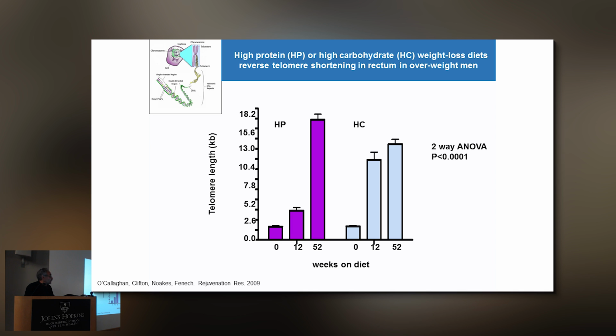And they said, what can you do with them? We're scratching our heads. We said, well, let's try telomere length, because there wasn't much to work with anyway, which we did. And what you can see here is an apparent restitution of telomere length in the rectal biopsies, occurring both with the high protein or the higher carbohydrate weight loss diets.